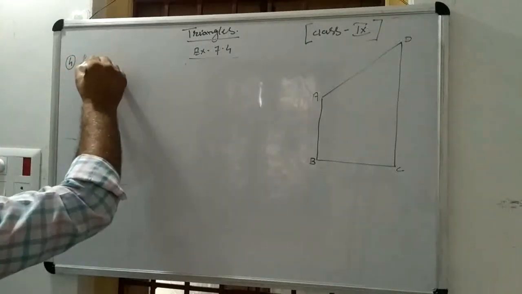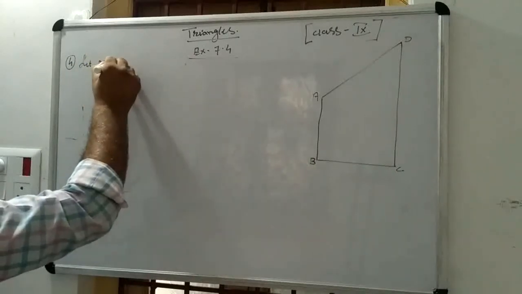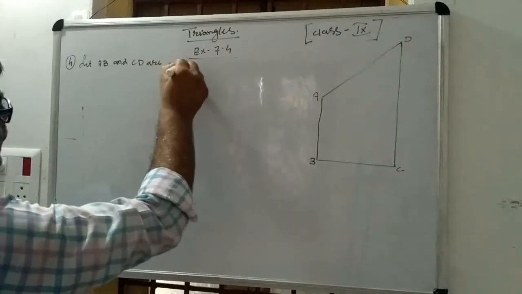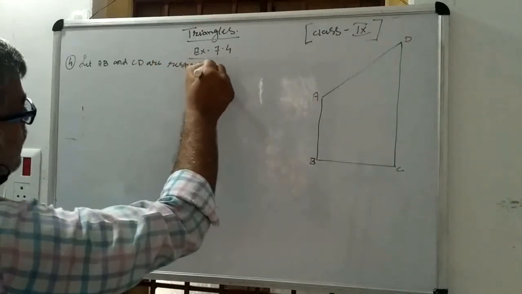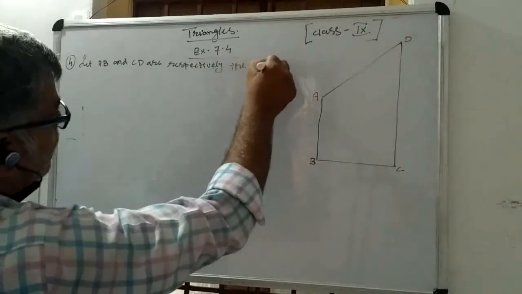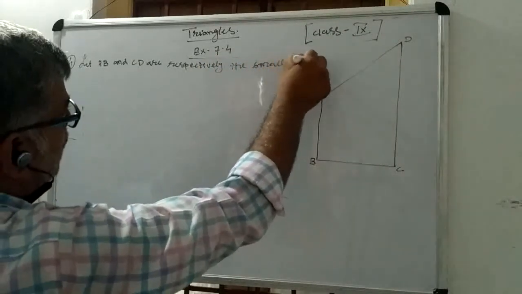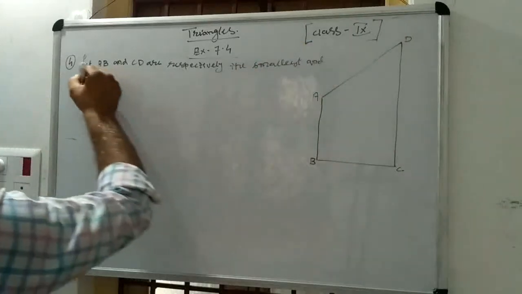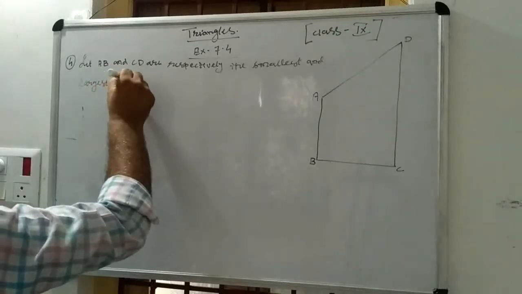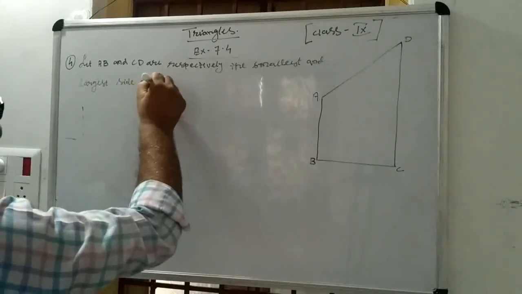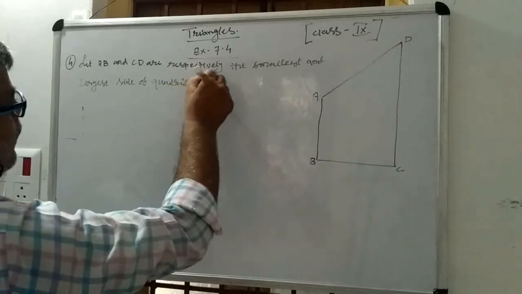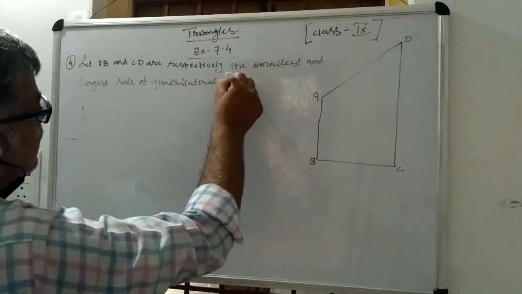Let AB and CD be respectively the smallest and largest side of quadrilateral ABCD.